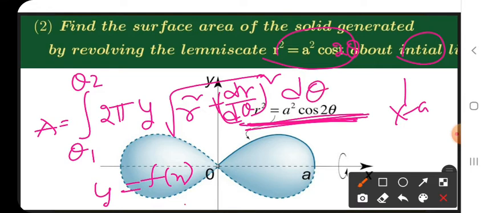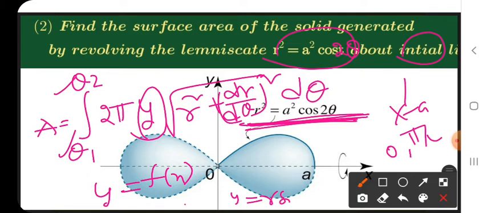Okay, next, which values do we have to find here? Theta 1 to theta 2 are the limit values. From the graph, the limits are 0 comma pi by 4. And we find the y value. In polar form, the value of y is r sin theta. This is r square; from the given equation, we know the r square value.